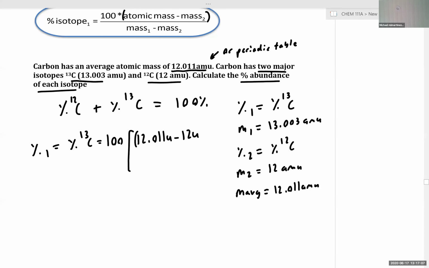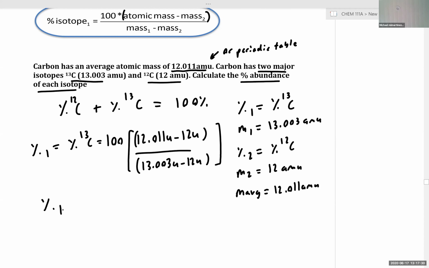You can write AMU with a U symbol. That's the symbol for atomic mass units. Then we divide by the mass of isotope 1, which in this case is 13.003 AMU, minus the mass of isotope 2, which is 12 AMU.